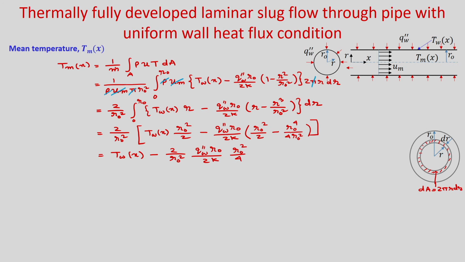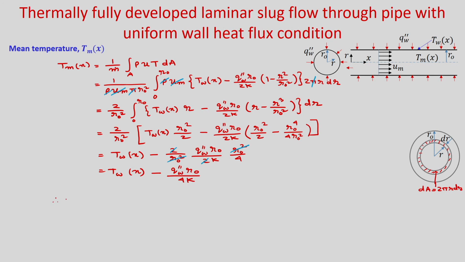So, r naught square times half minus 1 by 4 will be 1 by 4. Now these 2 r naught square you can cancel, and you can write this as T w minus q double prime w r naught by 4 k.